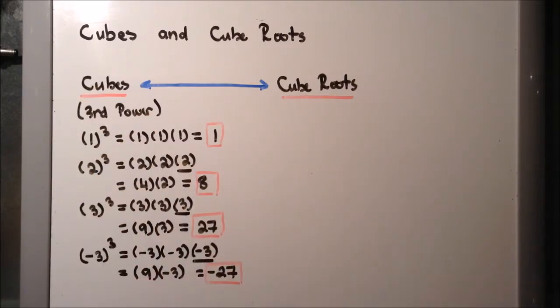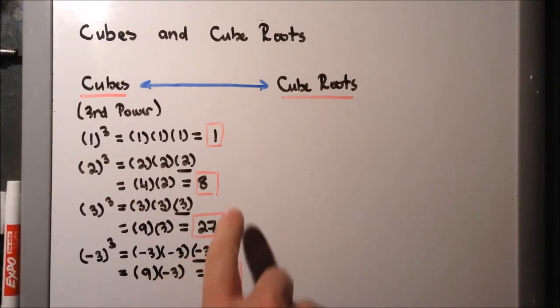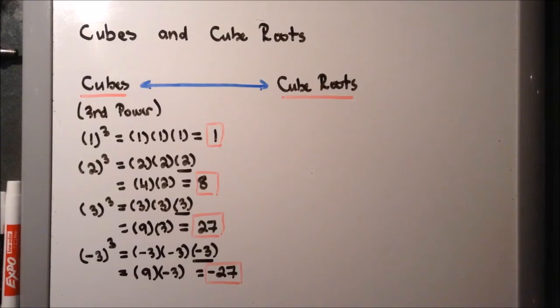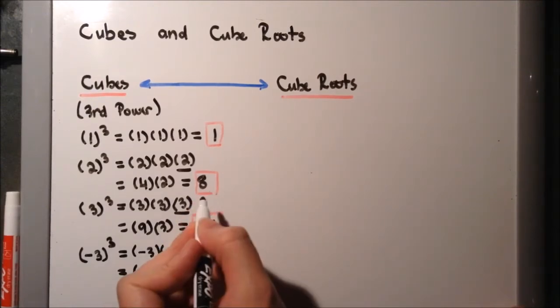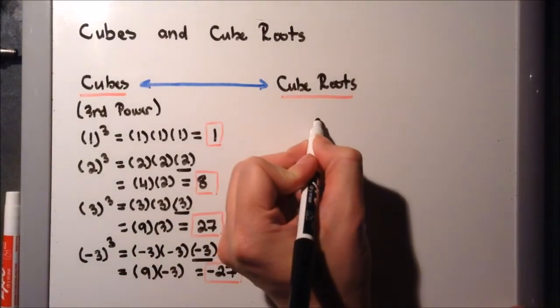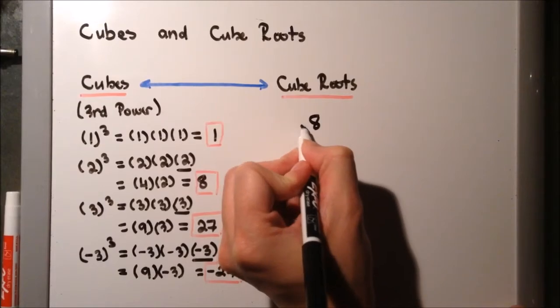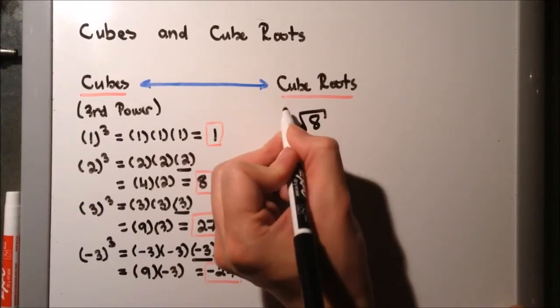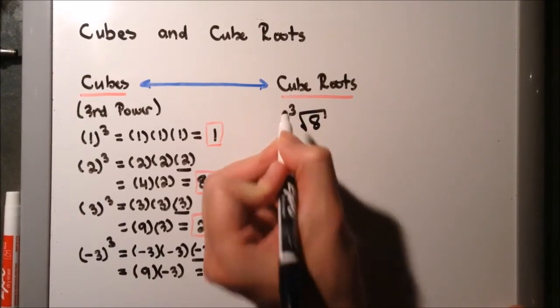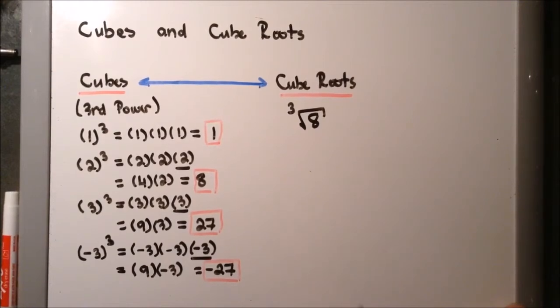Let's talk about cube roots. It's very similar to what we did with perfect squares and square roots. So let's say we want to do 8. The cube root will look like this. If I'm doing the cube root of 8, 8 will be on the inside of this root, but since it's cubed, there's going to be a little 3 at the top left corner.